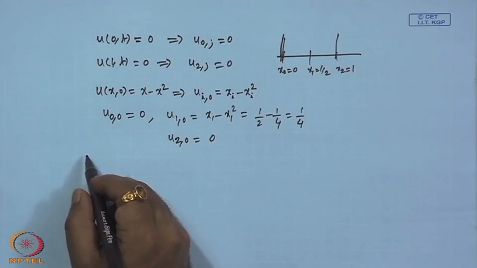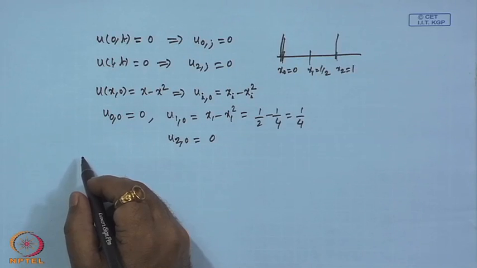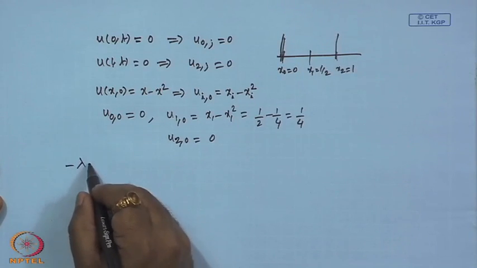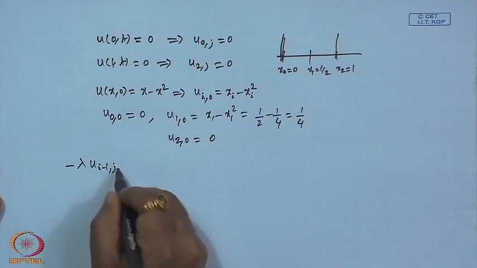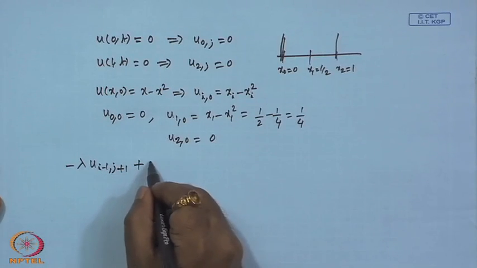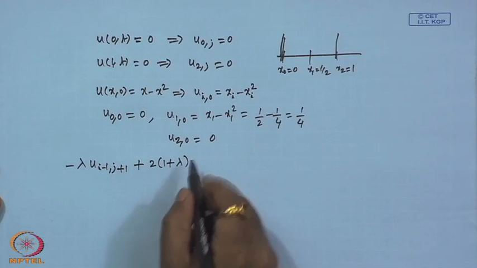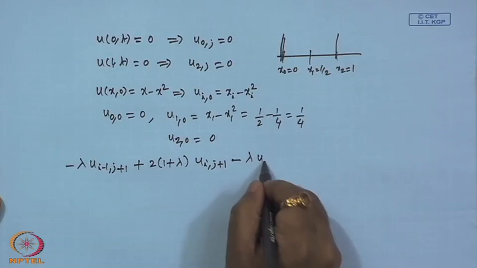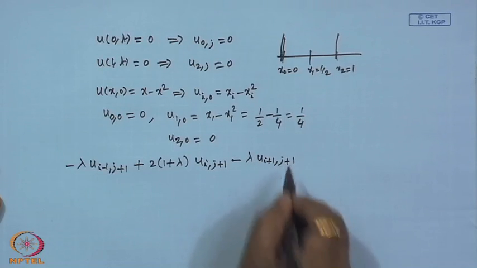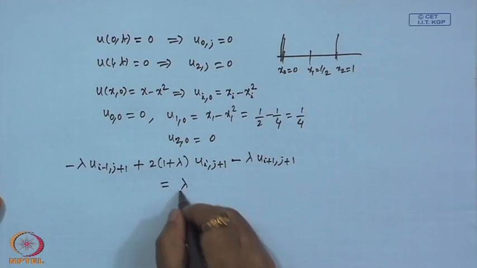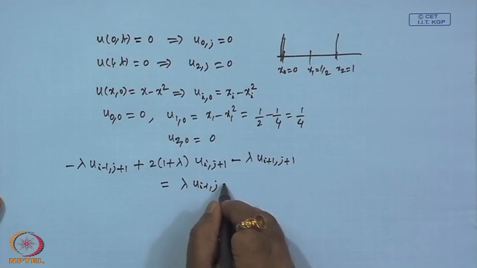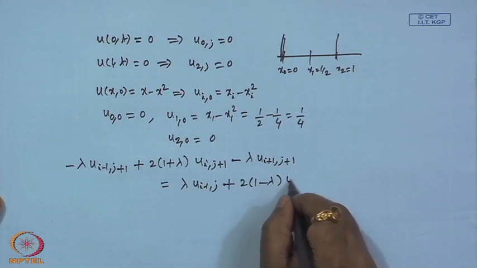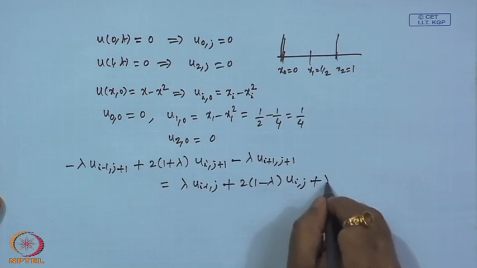So, now the discretized scheme, Crank-Nicholson scheme, is minus lambda is equal to. Okay.